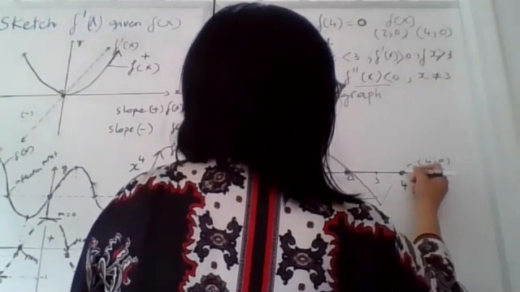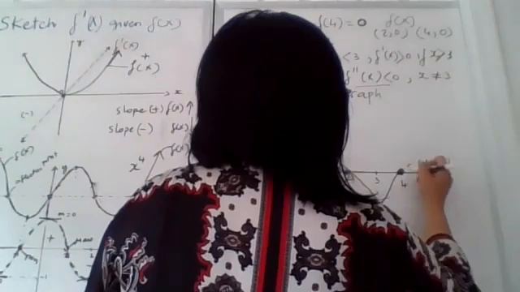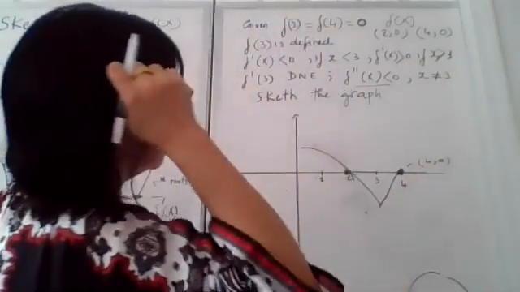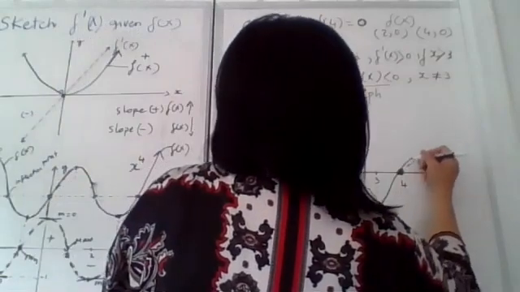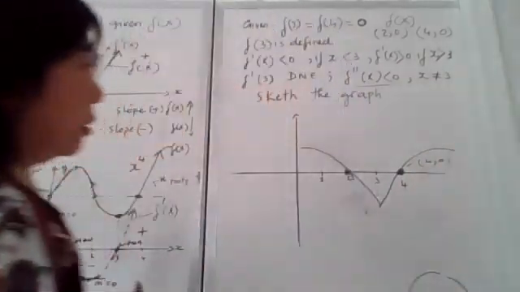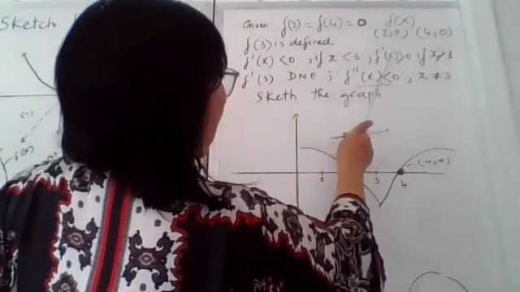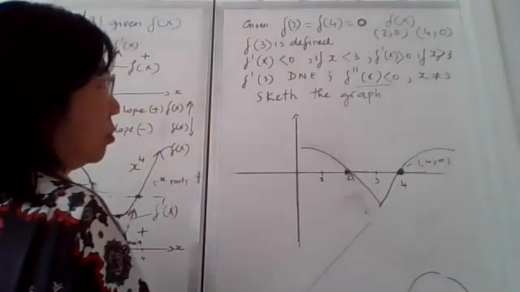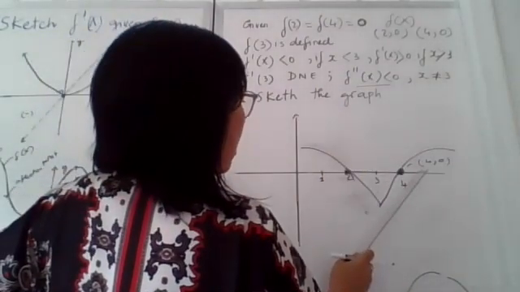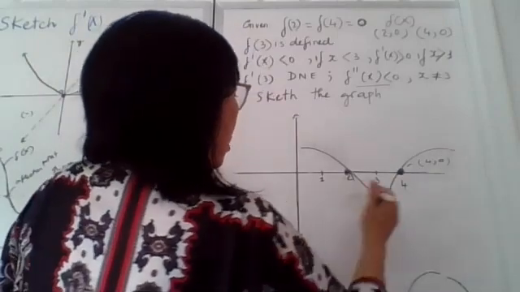So I have to cut through this. So the function is increasing, right? And f prime of x, the slope, is bigger than 0. So our slope is positive, it means our function is increasing.